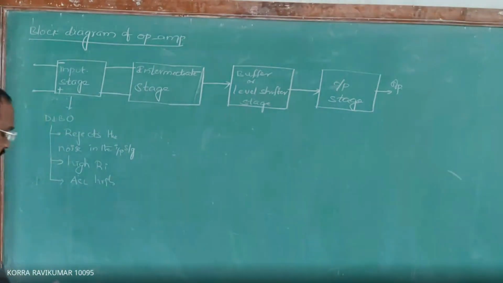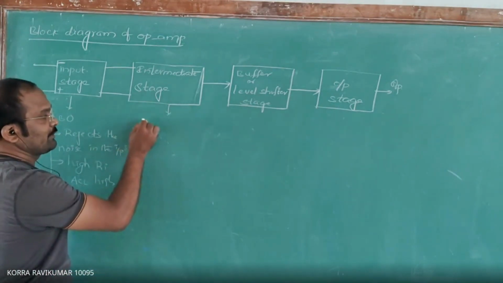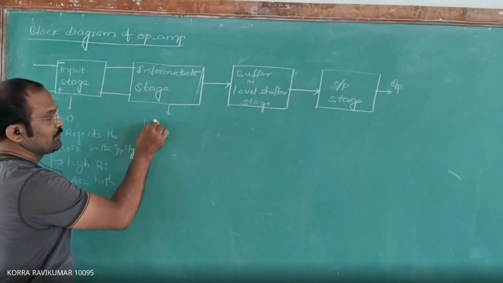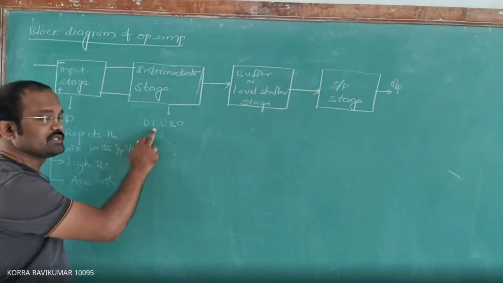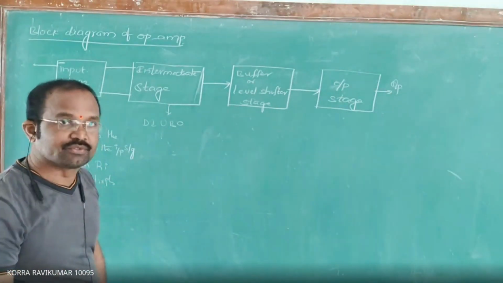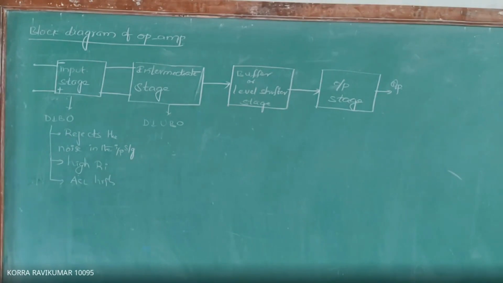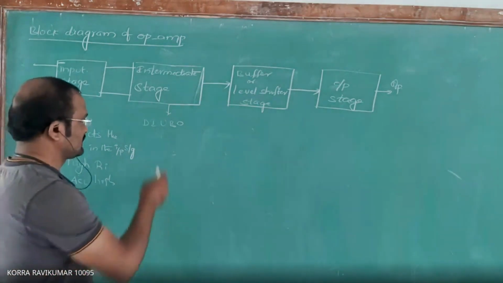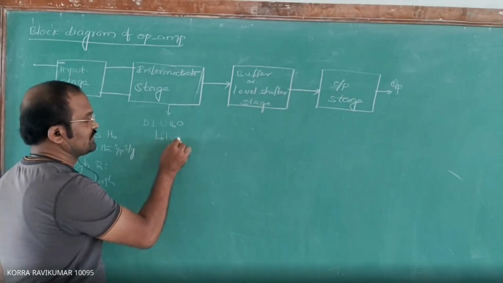In the intermediate stage, we use a differential amplifier of type dual input unbalanced output. The purpose of using this dual input unbalanced output differential amplifier is to produce high voltage gain.